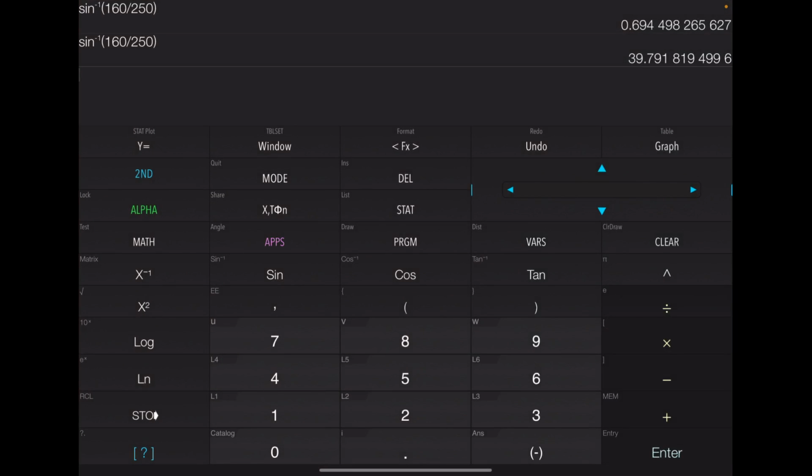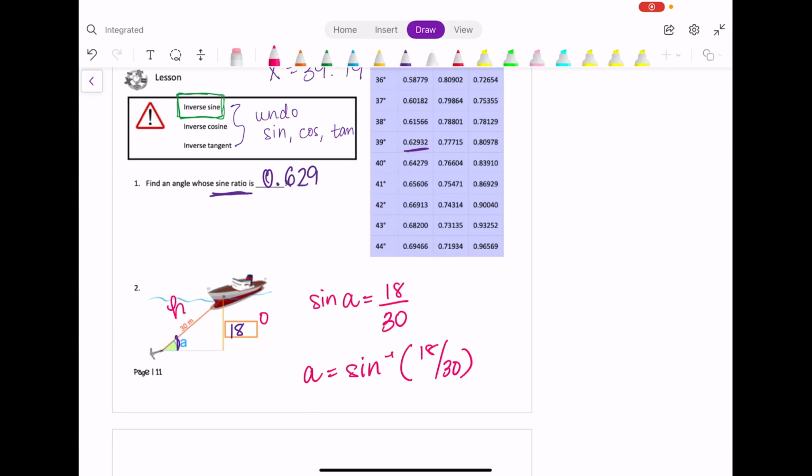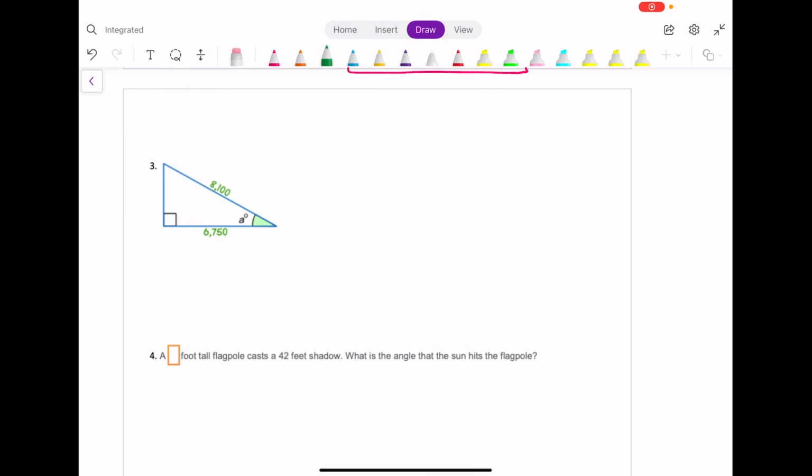Put it in your calculator. Second sine 18 over 30. 36.87 degrees. So on number 3, same idea, but now we have adjacent and hypotenuse.